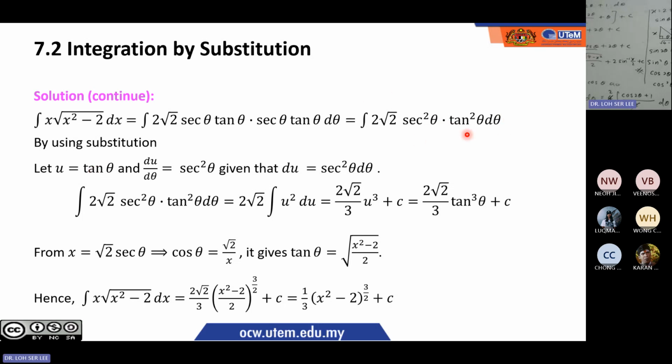This means we use integration by substitution twice. We apply the second substitution to change this into u. After that, we integrate the u function with respect to u, then you get this. Then we change the u back into tangent, back into theta, and we change the theta back into x. Then we get the final answer.